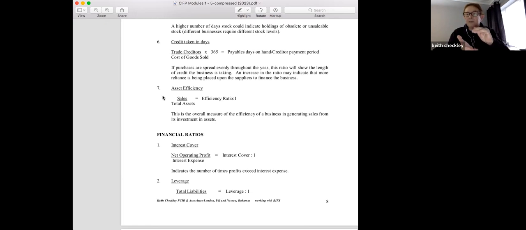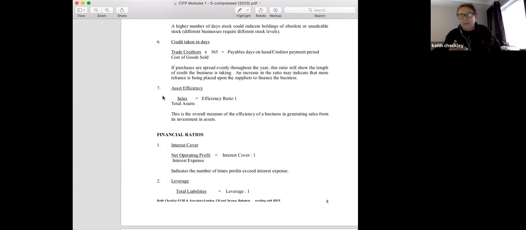And then it looks at those relative to sales. This gives you an indication of how many times all of the assets in the business are turned over relative to sales, and how efficiently the business is using the assets. You get some widely differing results.